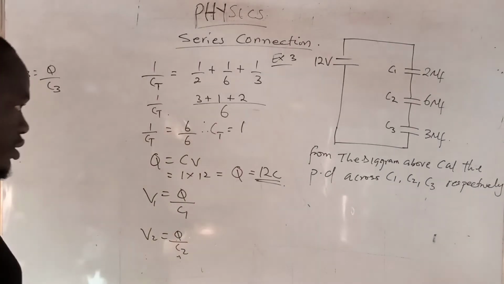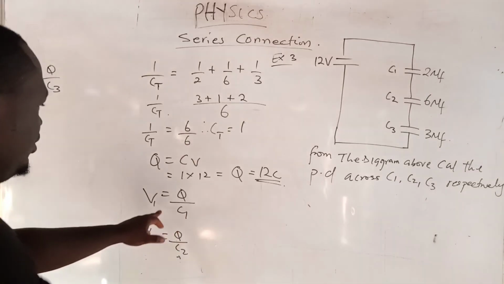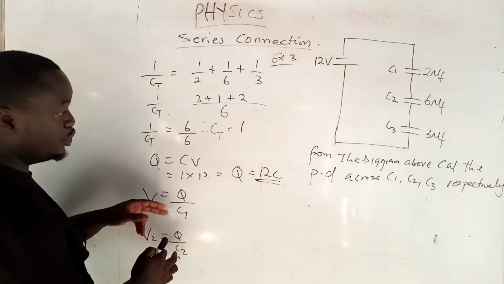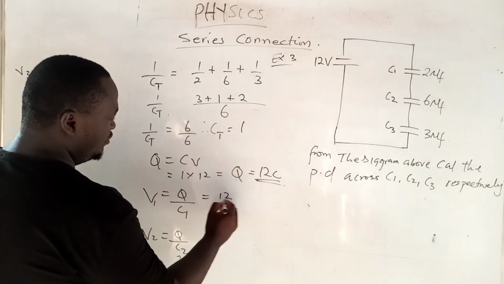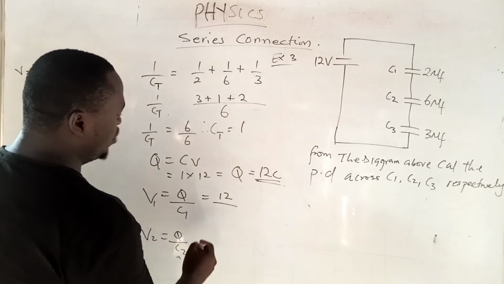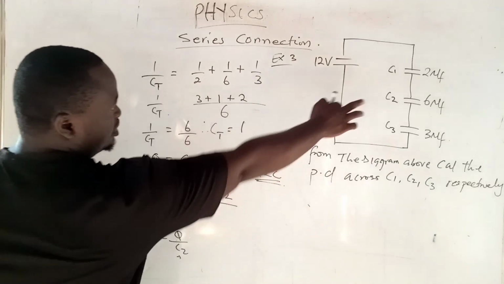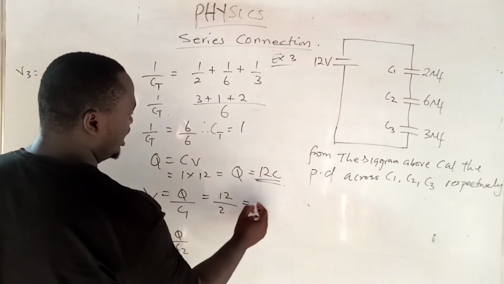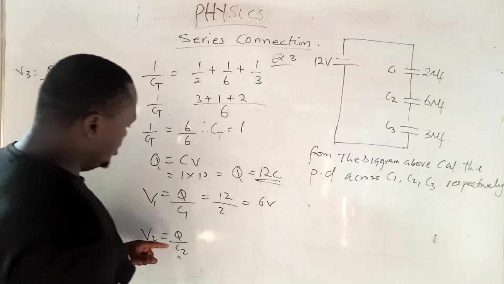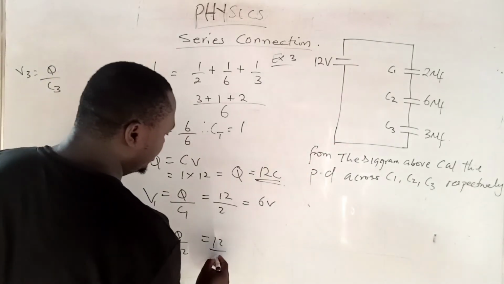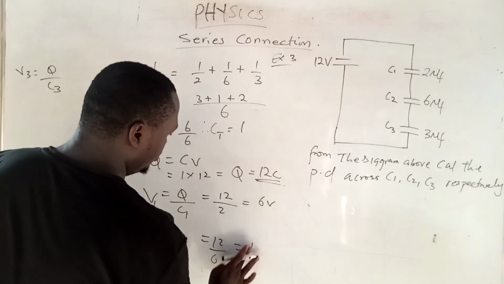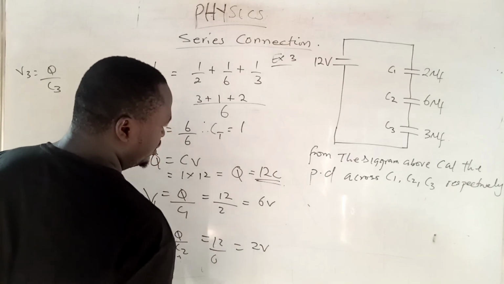Now, for V1, remember I'm putting only Q because the charges are the same. So this will give you 12 divided by C1. C1 here is 2, and that will give you 6 volts. For V2, you have 12 divided by C2, which is 6, and that will give you 2 volts.